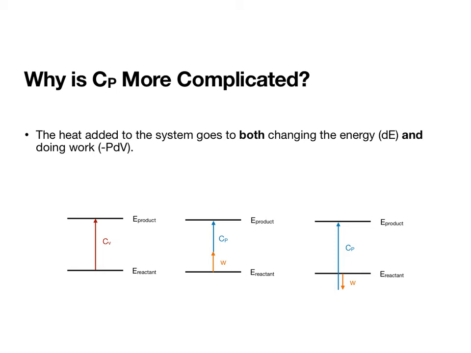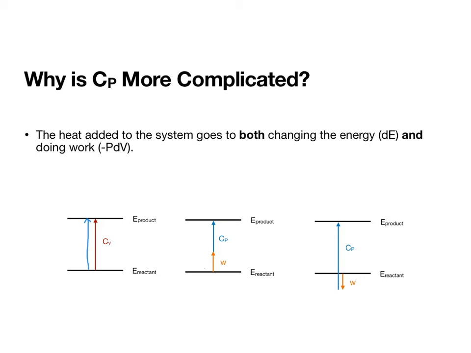So if we thought about a two-level system, we have the energy of our reactants and we have the energy of our products. CV is a direct route because the only thing that the heat is going towards is changing the energy of the system.